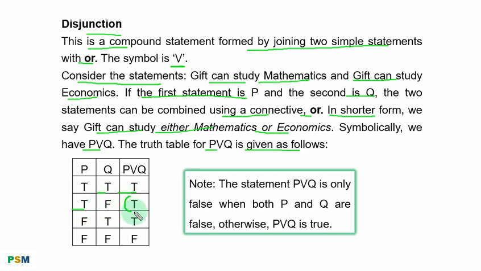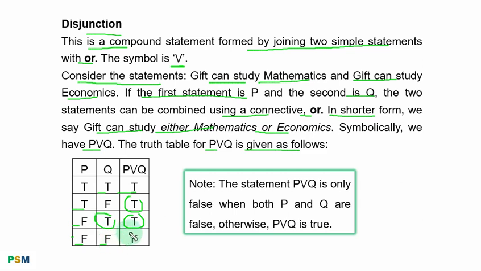The outcome is true. The third row: Gift cannot study mathematics. For Q, Gift can study economics because Gift has the ability to study economics. The outcome is true. The last row: P means Gift cannot study mathematics. Q means Gift cannot study economics, but Gift has the ability to study both courses.